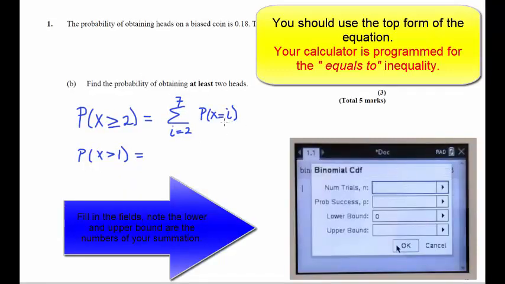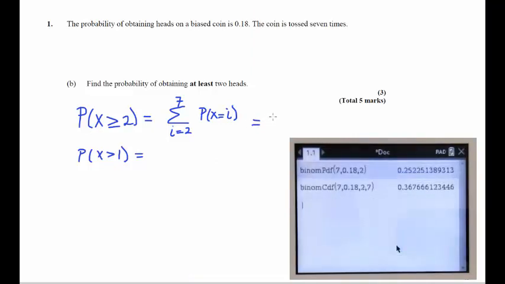And this is just the notation of what we're going to actually do on our calculator. And so once we work that out on our calculator, we find out that this probability is equal to 0.368.